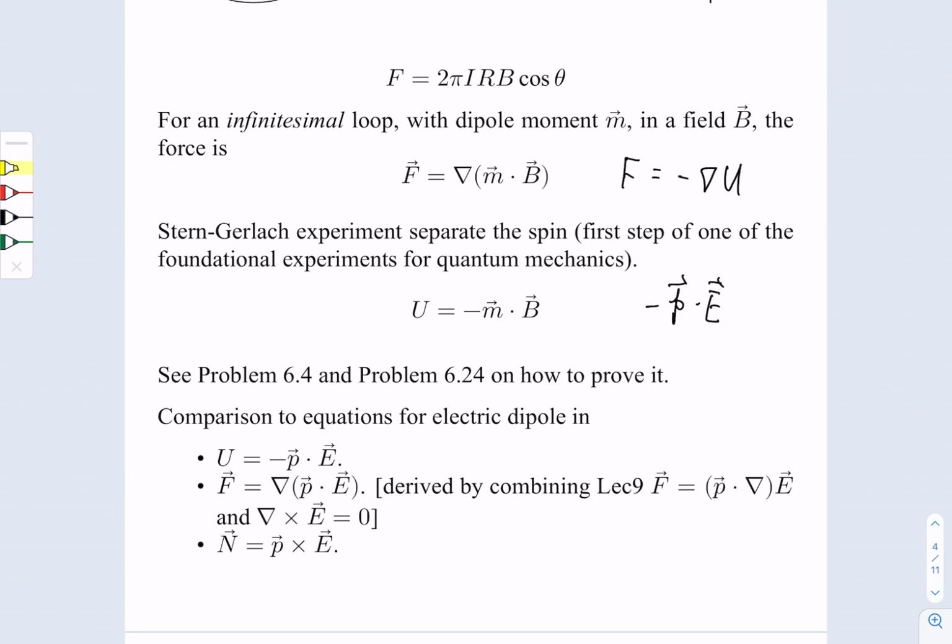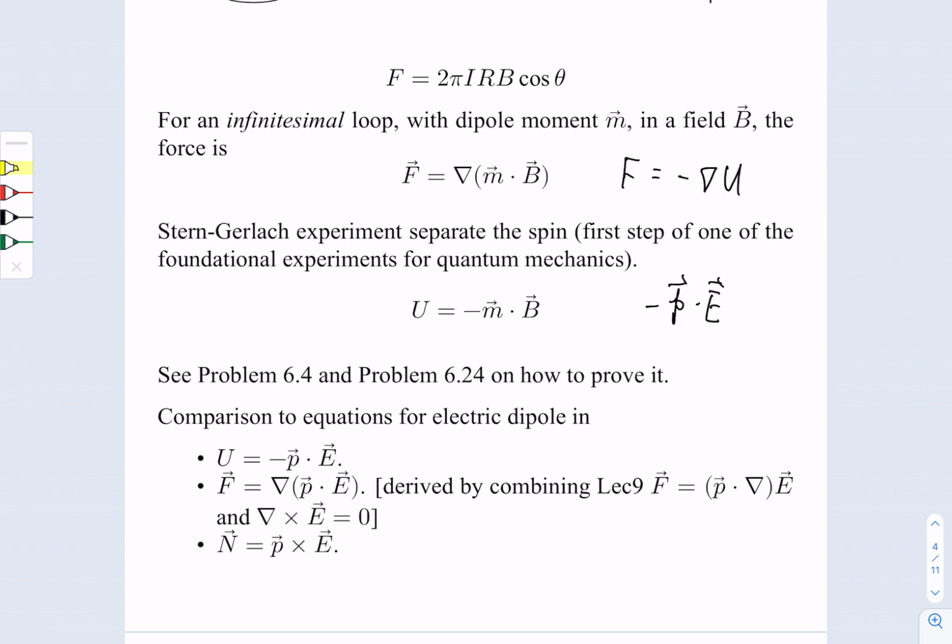If you still remember the equations that I gave during lecture 9 for the force, it's written slightly differently. In the homework, I believe you use this equation to evaluate the force of a dipole interacting with an E field. This equation can be rewritten into the equation over here if you believe that the curl of an electric field is 0.